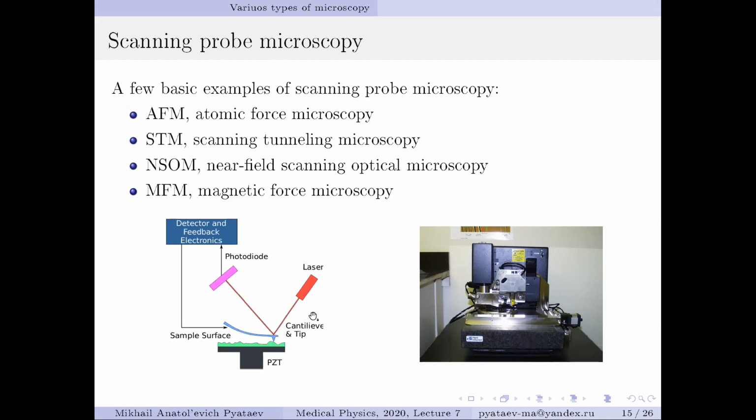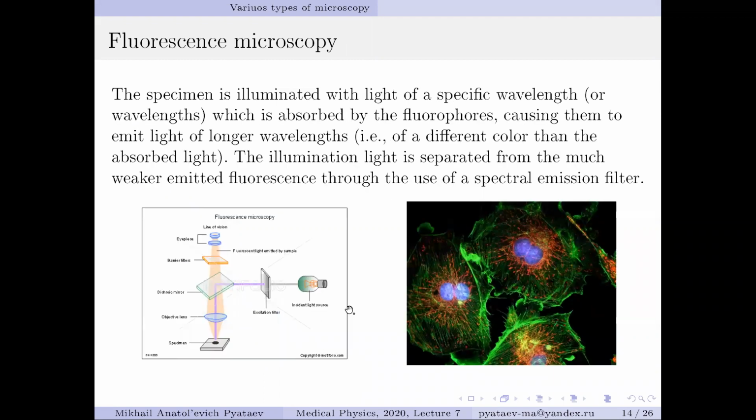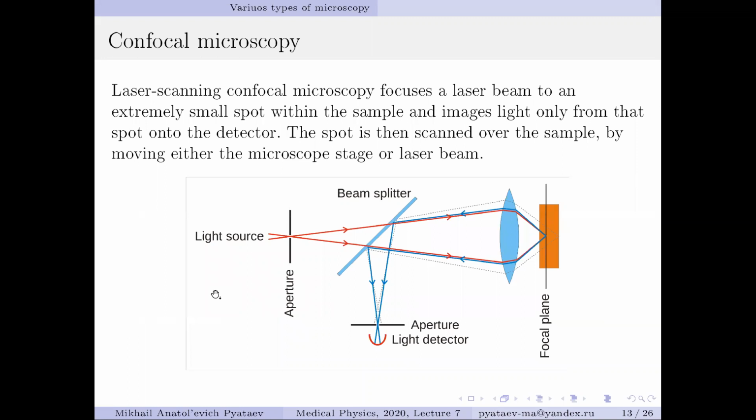due to interference. And one more way to increase resolution is so-called confocal microscopy, when the light source and light detector use the same optical system, the same objective lens. So light is not going from the bottom of the object as in normal microscopy, but it goes through the same objective lens system.